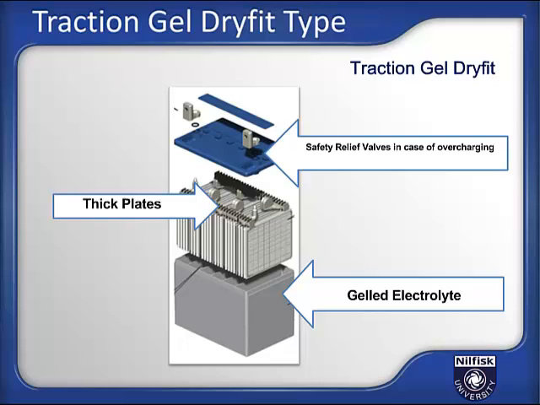And if you recall from the gel cell, the major issue with gel is how it's charged and how charging abuse can result in reduced capacity. So with the regular gel cell, I explained how you can create voids in the electrolyte by overcharging or not charging this product properly. Well, the same issue applies to a Traction Gel Dryfit.